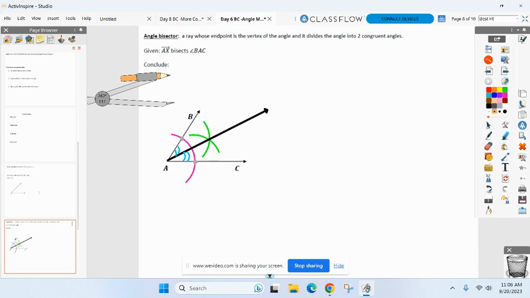And always remember, keep your arc marks. First arc is to get points of intersection. The next 2 come from them to intersect.